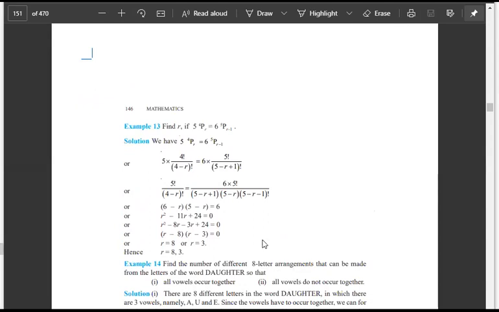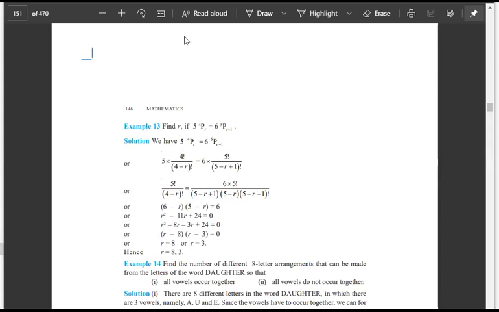Now, is it any special case? Yes, it is the special case in which objects are always together.